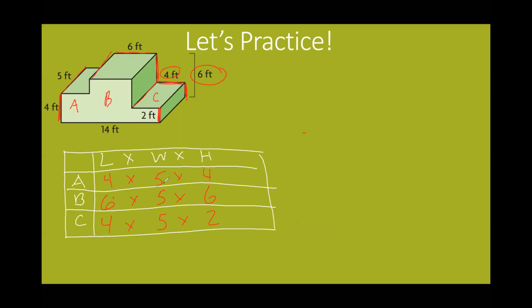We'll go ahead and pause the video and do all this multiplication. 4 times 5 is 20, and 20 times 4 is 80. 6 times 5 is 30, and 30 times 6 is 180. 4 times 5 is 20, and 20 times 2 is 40. When we add them all up, I get 300.